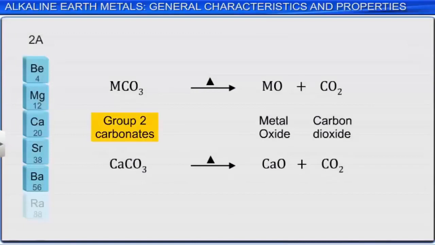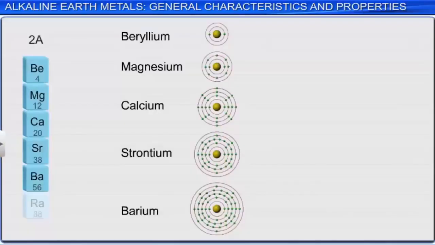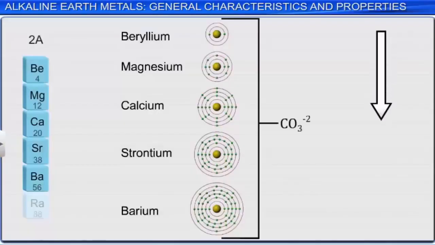A photograph of the mineral calcite, a naturally occurring form of calcium carbonate, is shown here. The group 2 metal carbonates decompose upon heating to form the oxide and carbon dioxide, as shown for calcium carbonate here.